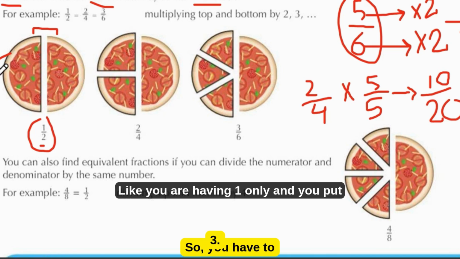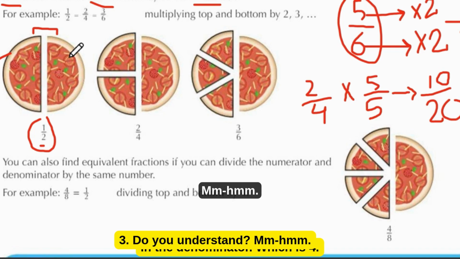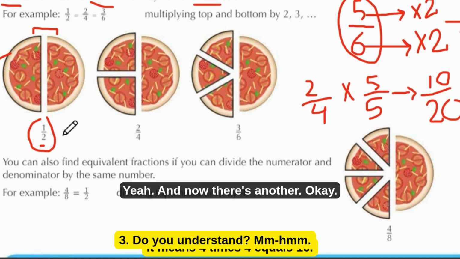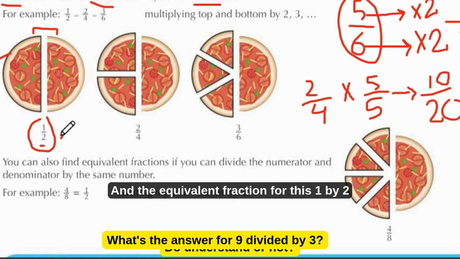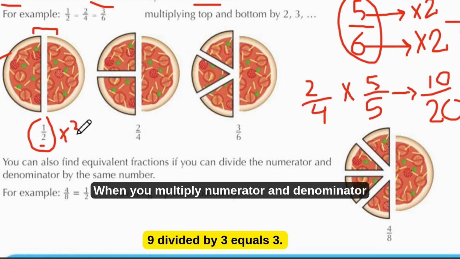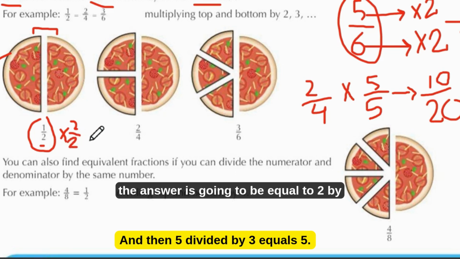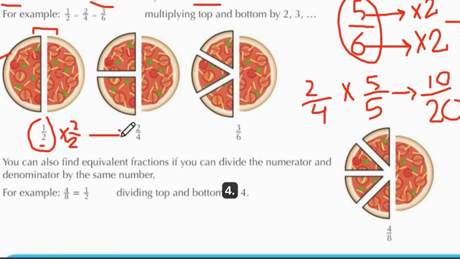Like you are having 1 only and you put the other one aside. Are you getting my point? Yeah. And the equivalent fraction for this 1 by 2 is 2 by 4. When you multiply the numerator and denominator by 2, the answer is 2 by 4.